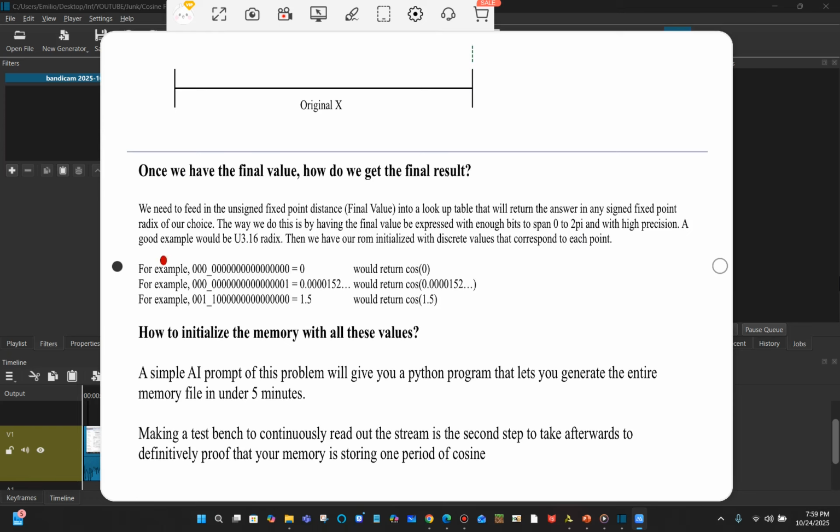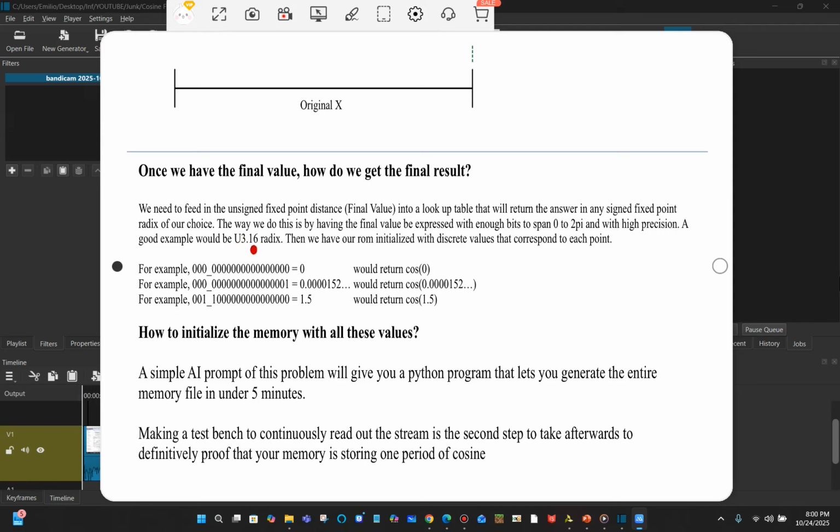So a good radix could be 3.16, since that radix will express all the values with enough integer bits to cover the range from 0 to 2 pi.